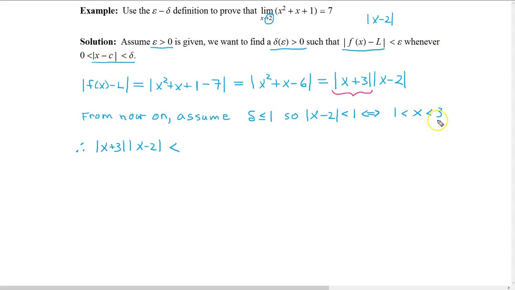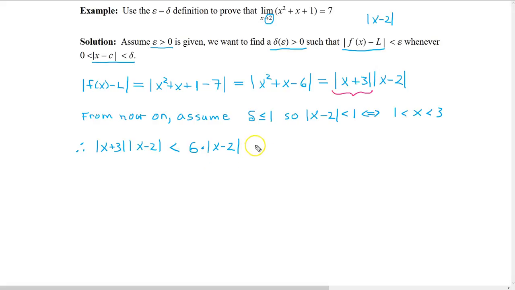We're going to assume that from now on. So this could be no bigger than 6. So it's definitely going to be less than 6 times |x minus 2|. And now we can set this less than epsilon and divide that 6 to the other side.